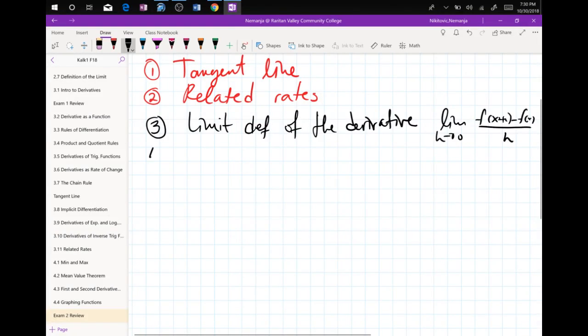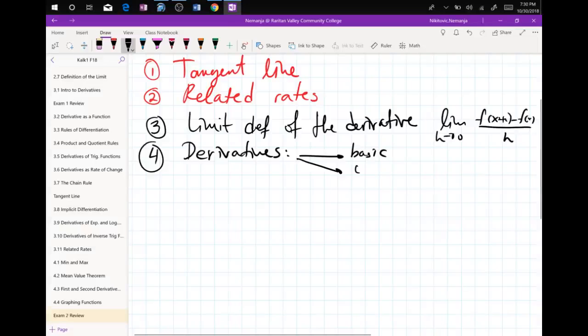So now we have derivatives. What do we have? We have basic, chain rule. We have product rule. Quotient rule.